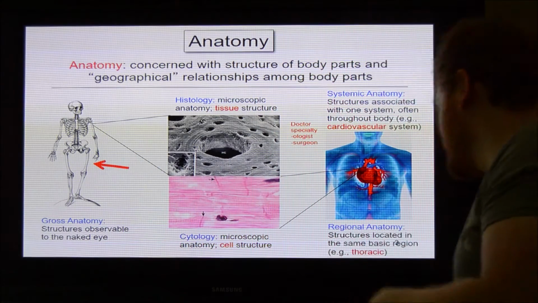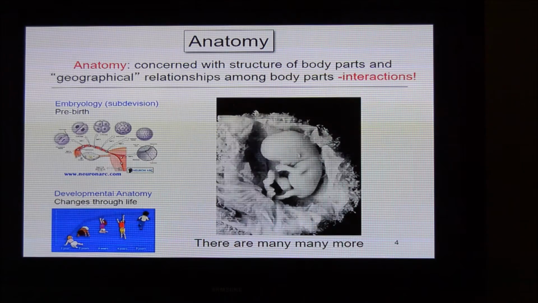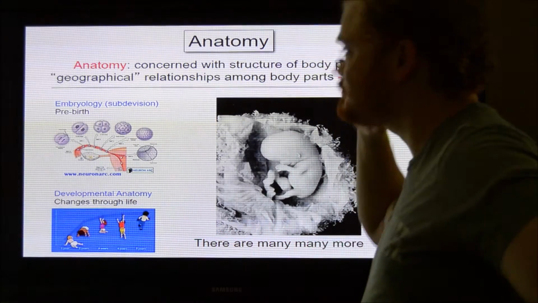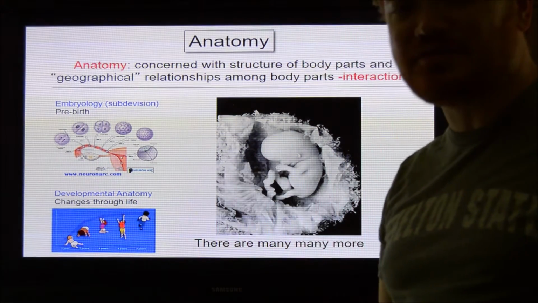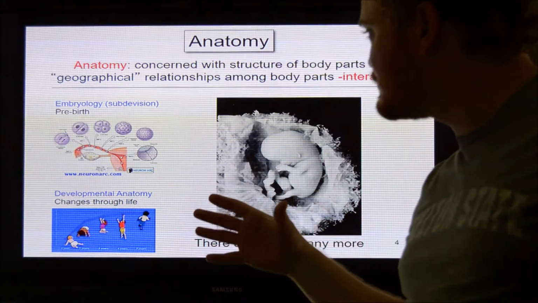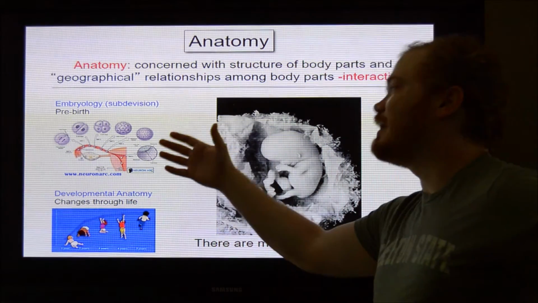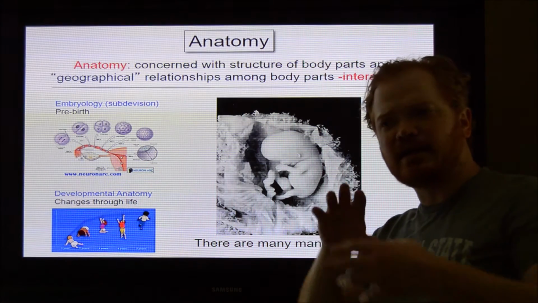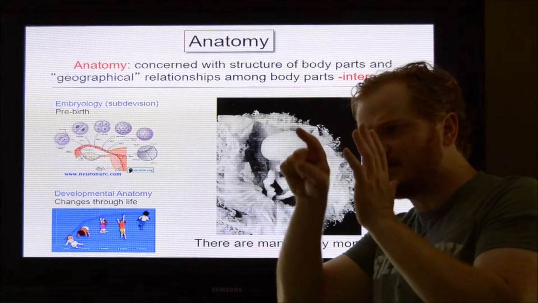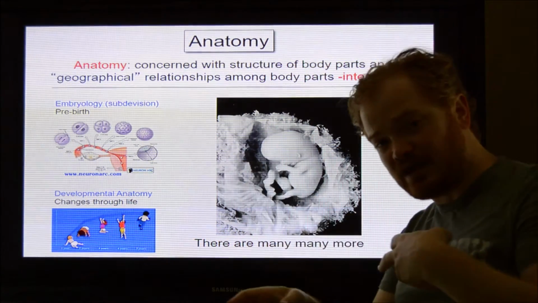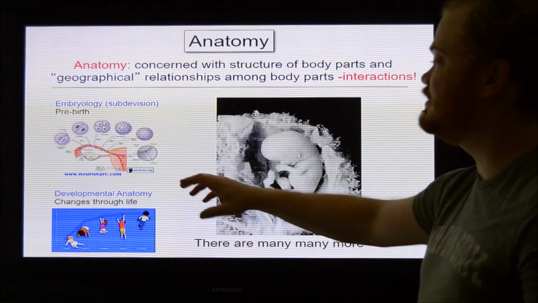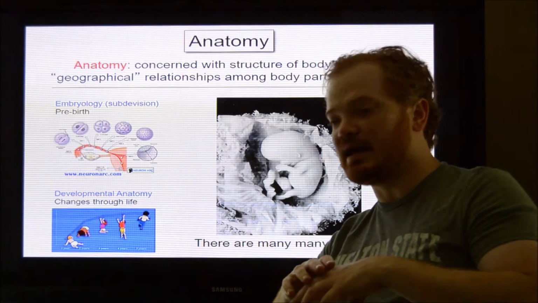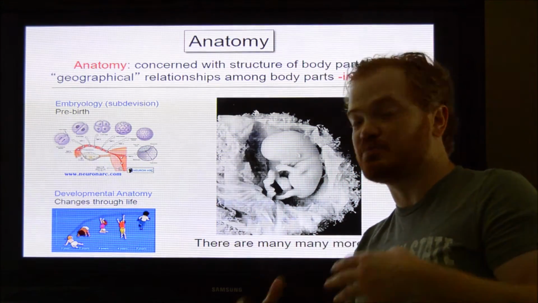And then eventually, well, I guess we're not quite there yet, but we can break down anatomy in a whole variety of ways. I'm trying to throw a few at you just to get you in a decent position. Embryology would be, for example, looking at how cells change as they progress through different embryological steps towards production of a functioning organism, and then developmental anatomy would be looking at how an organism changes post-birth.